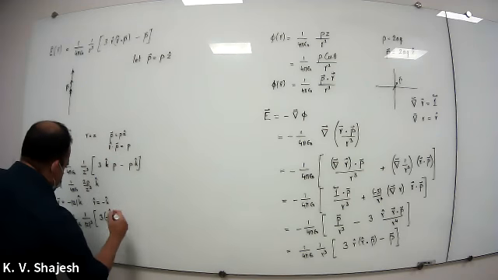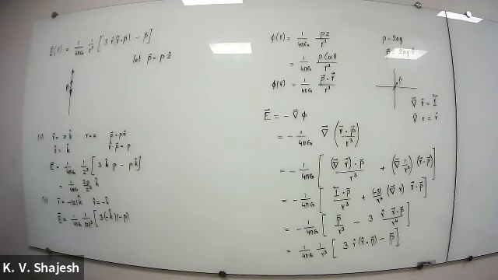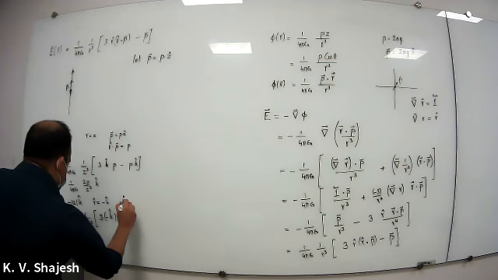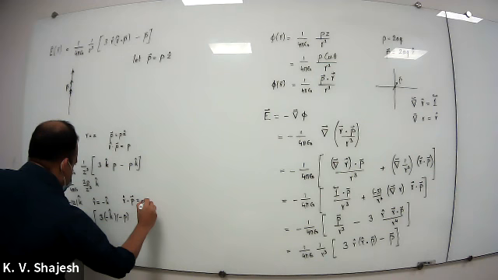So instead of plus p, this becomes minus p. So r hat dotted with p is equal to minus p.